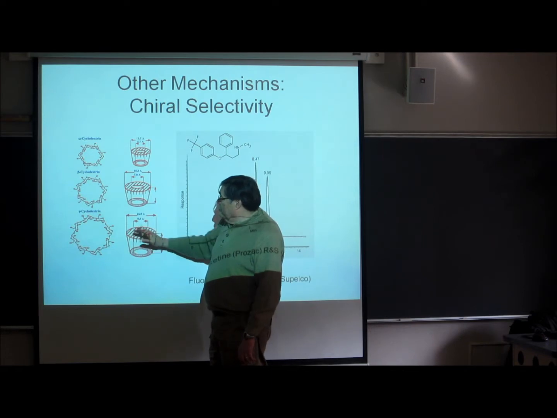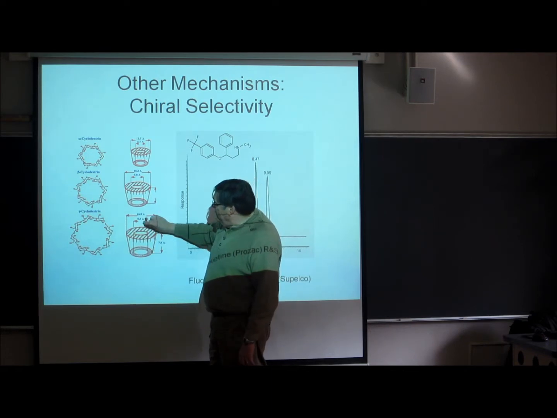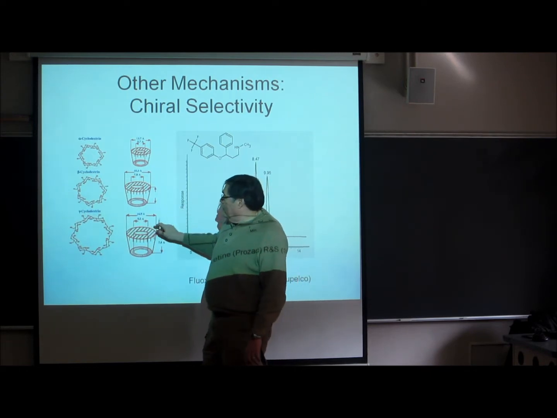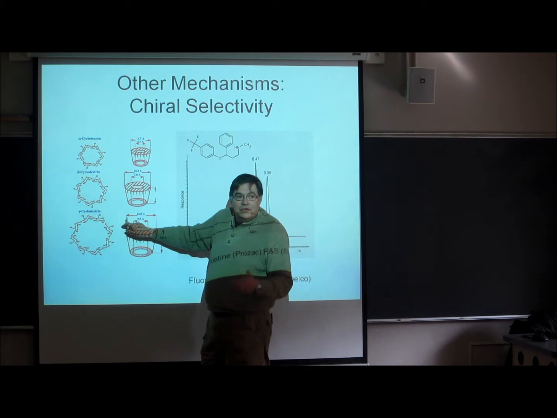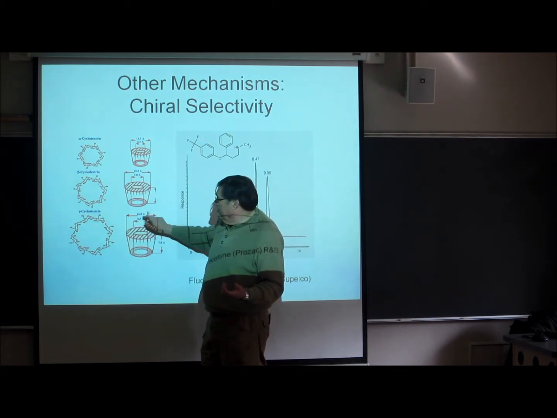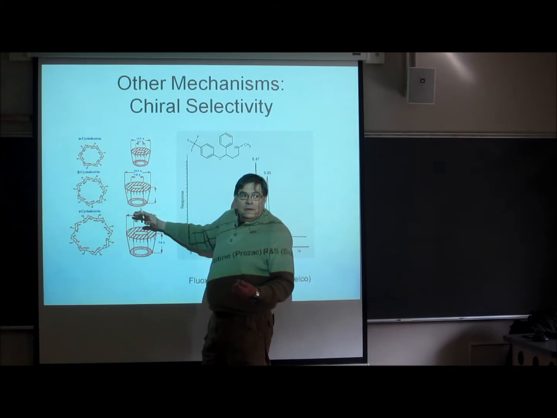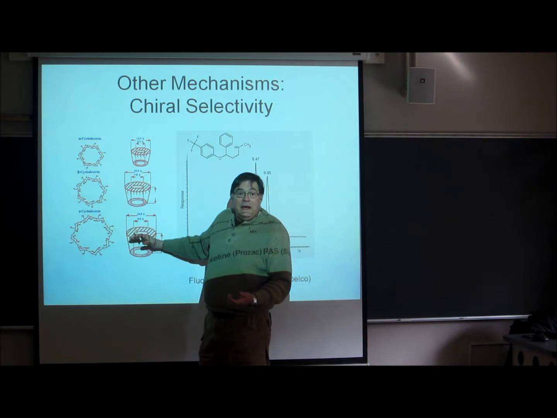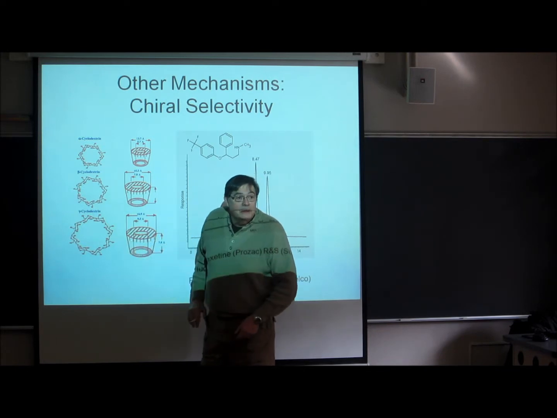The way the molecule fits depends on the chirality of the decorations on the cup at the top. So if you have a collection of right-handed molecules bonded to the cyclodextrin facing up, that means you're going to retain the right-handed solute that goes by it.